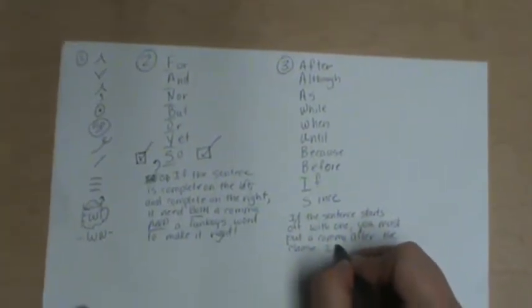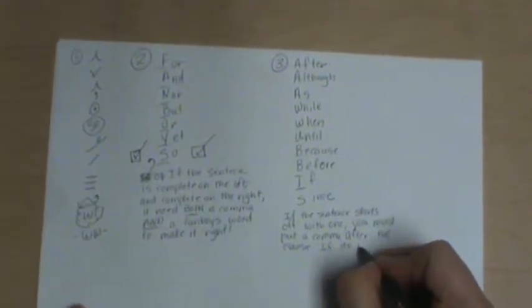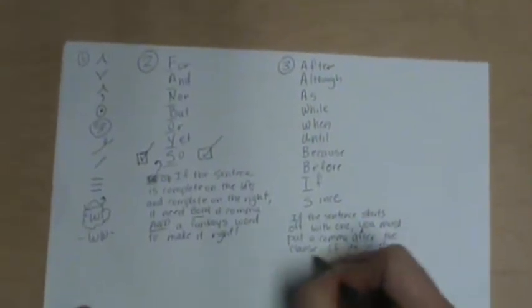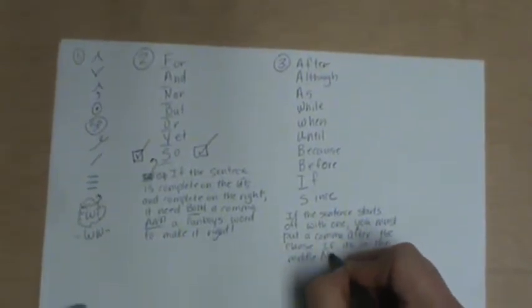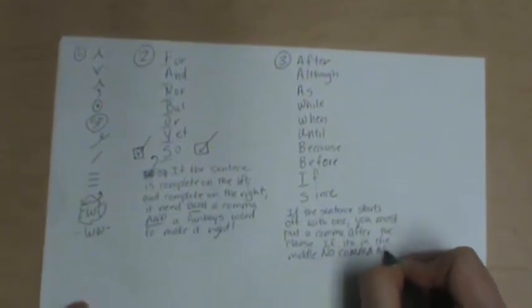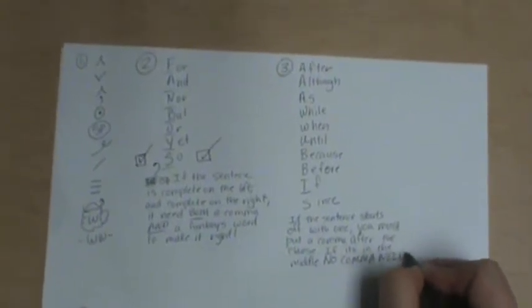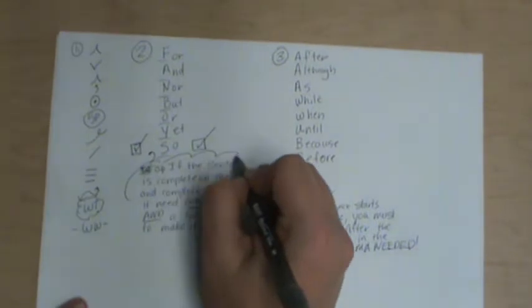If an Awubis word is in the middle, no comma needed. Easy, easy, easy to remember these rules.